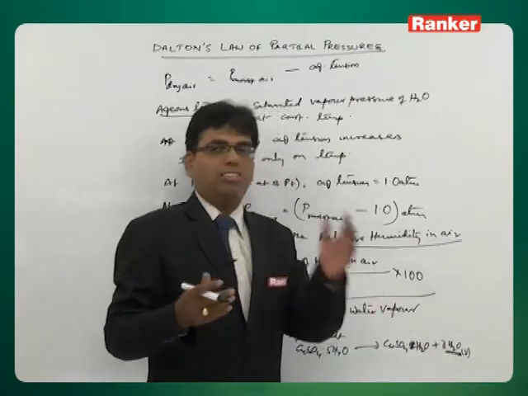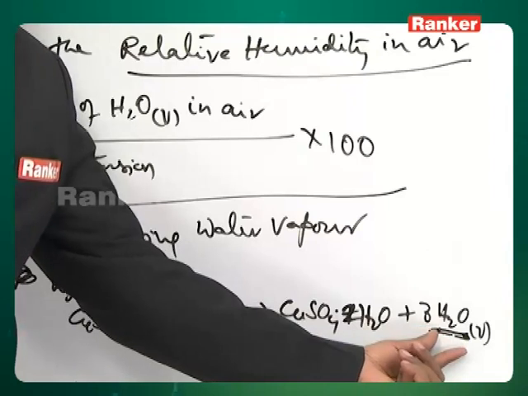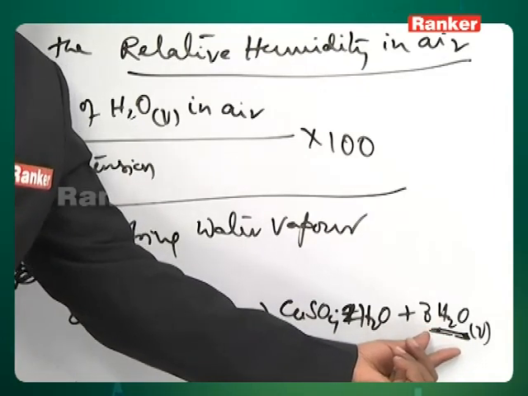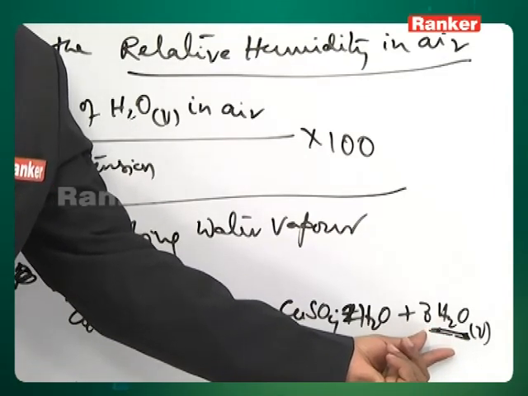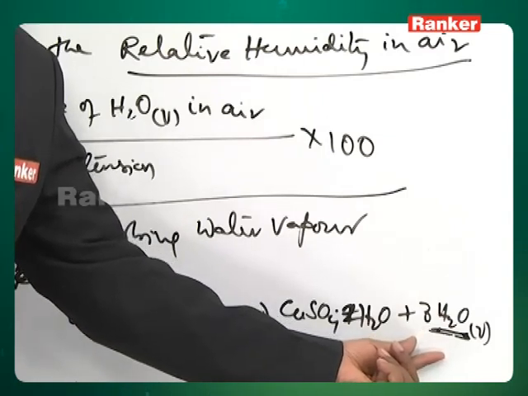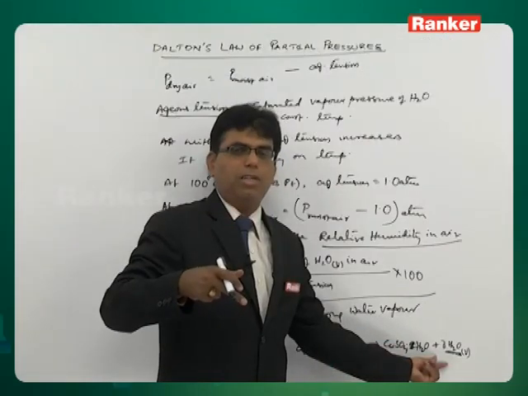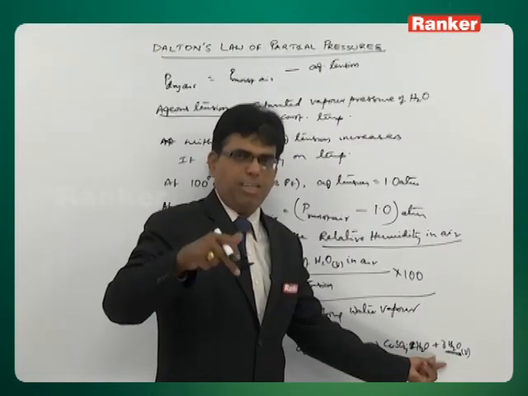So whether the salt is hygroscopic or efflorescent, again I am repeating, if this pressure is less than the saturated vapor pressure of water, that is aqueous tension in the air, still it can absorb water. In that case it will become hygroscopic, still it can absorb.